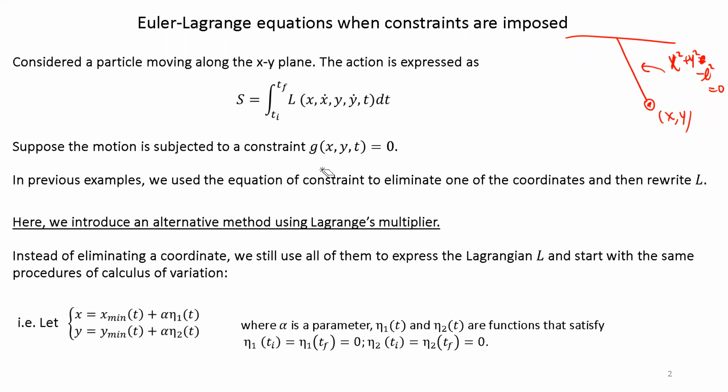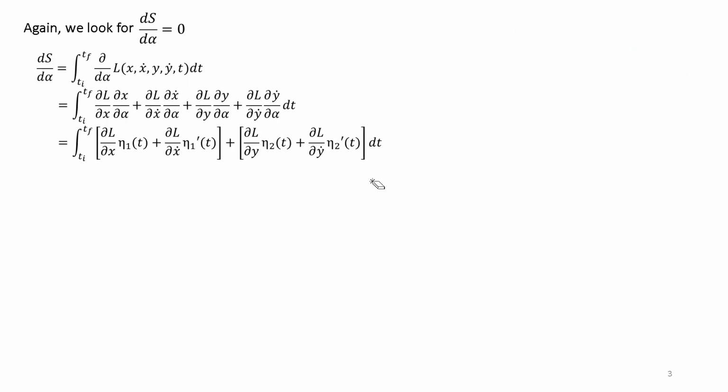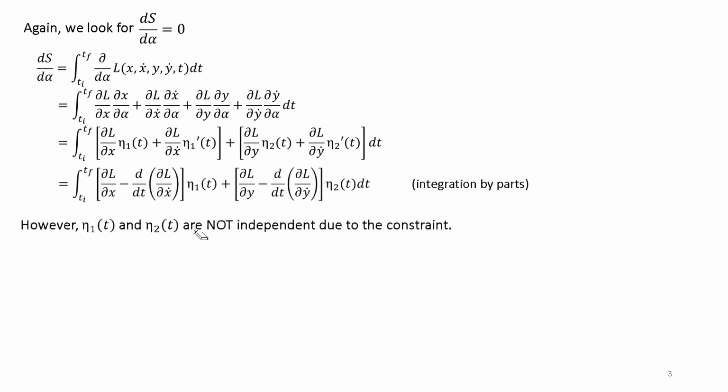So when you do variation, if you arbitrarily pick an eta 1, then this eta 2 has to follow the rules, such that after you pick eta 2, the constraint is still satisfied. So in short, eta 1 and eta 2 are not independent, due to the constraint. Now I want to find the relation between eta 1 and eta 2.